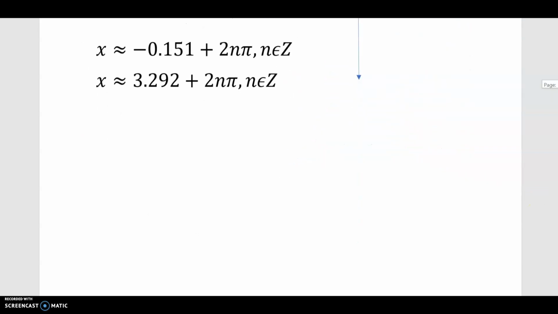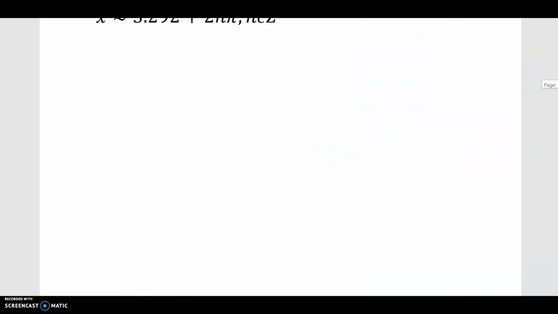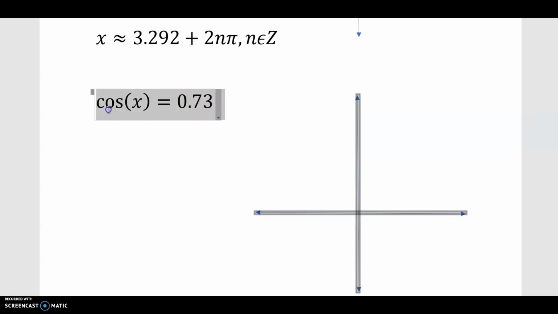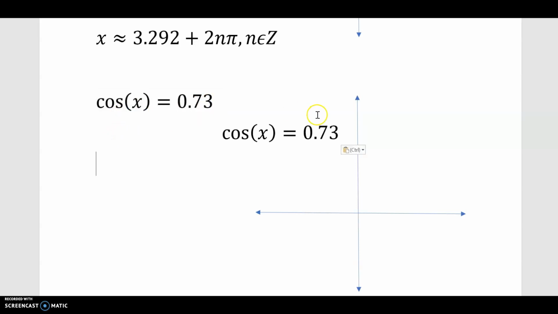Now, how would you do something like cosine? So in this case, I decided to propose a question. What happens if I say cosine of x equals 0.73? So it's the same idea. I'm going to have to do inverse cosine of 0.73 equals x. Again, please make sure you're in radian mode, not degree mode.